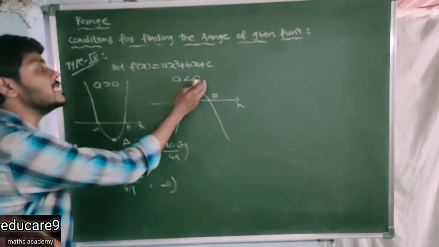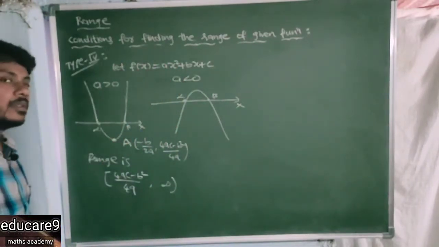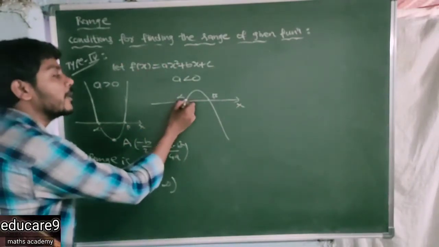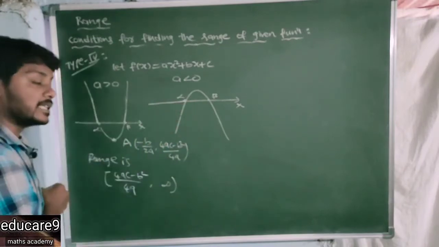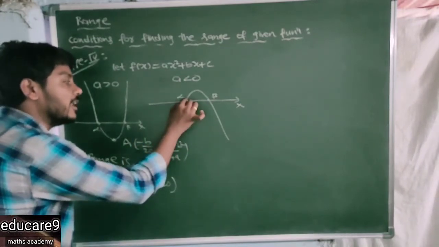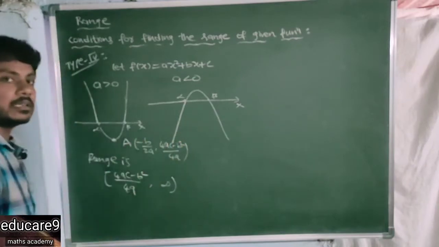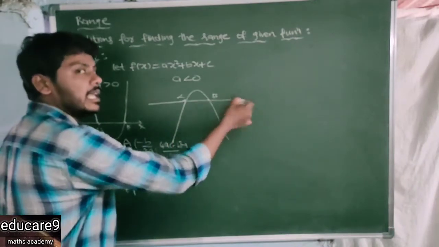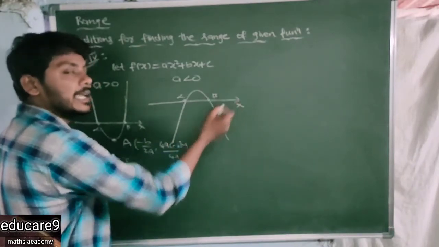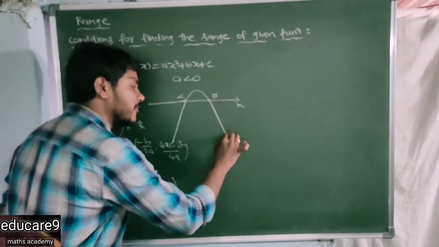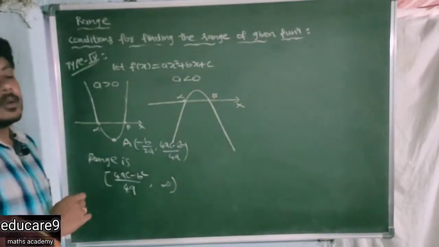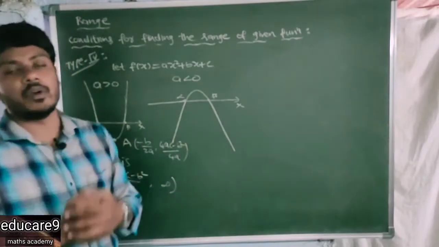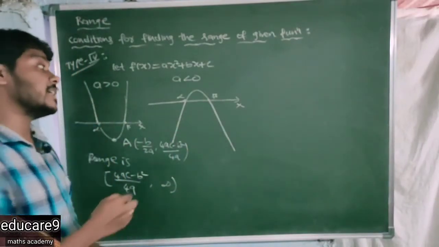And here a is less than 0. See here, if you decrease the x values, then f of x is decreasing. If you increase the x values beyond beta, in that case also f of x is decreasing. But here you can't say the minimum value, but you can say the maximum value.